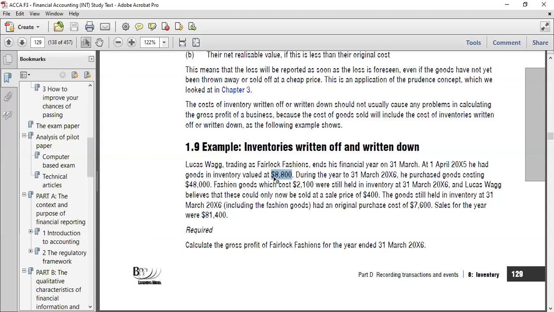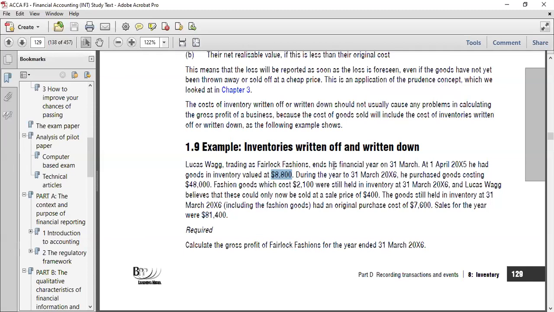And right now, I believe you understand that opening inventory is the one that was closed in the previous period. But when you're preparing your financial statements, opening inventory is only used when we are determining the cost of sales. The rest of what we use in the statement of financial position is the closing inventory.